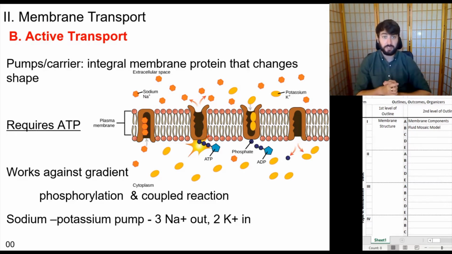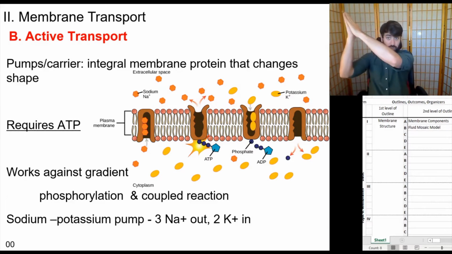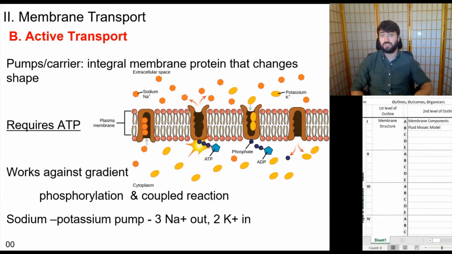However, unlike facilitated diffusion, you need help to do this. They need help changing their shape. In this case, help in the form of ATP, or adenosine triphosphate. Also, unlike facilitated diffusion, they move things against the concentration gradient, going from low concentration to high concentration.